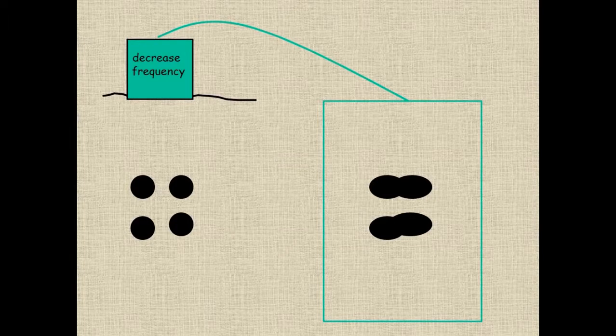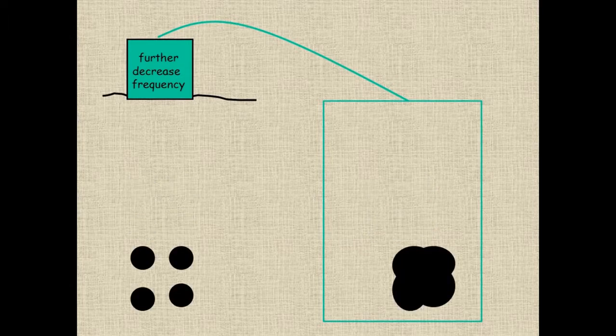So now what you see on the screen looks like the structures are blurred horizontally. And if we go deeper still and have to further decrease the frequency, then all 4 structures will appear as a blob. This is simply a reflection of ultrasonic performance at increasing depth of tissue.